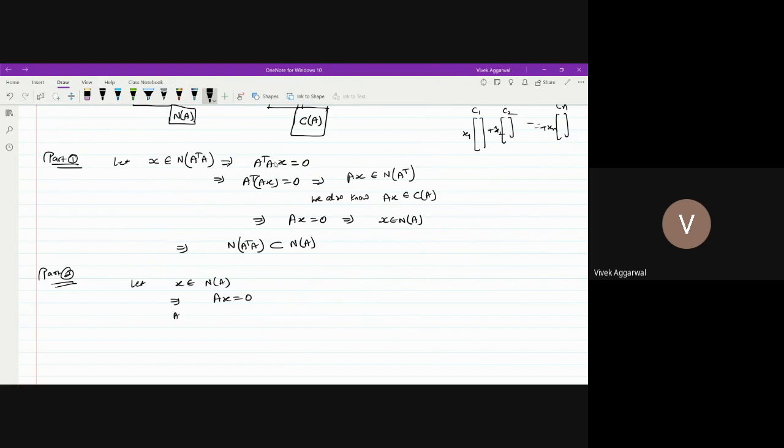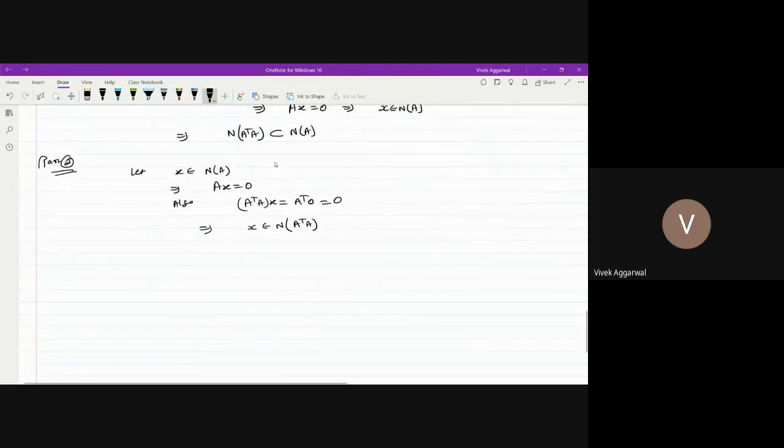Also, if I pre-multiply both sides by A transpose, then it is going to be 0. And from here, I can say that x belongs to the null space of A transpose A. So now x is in the null space of A transpose A also.